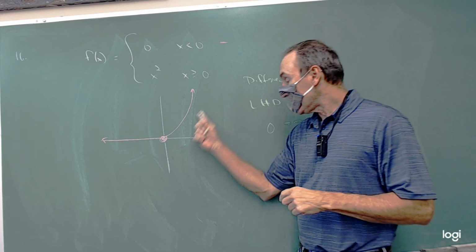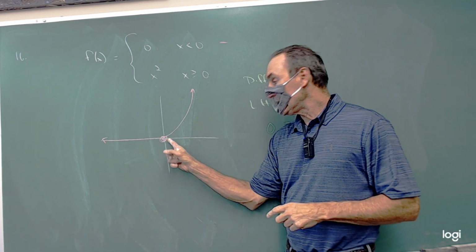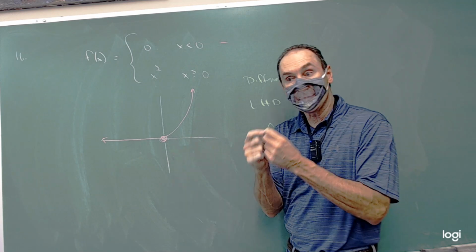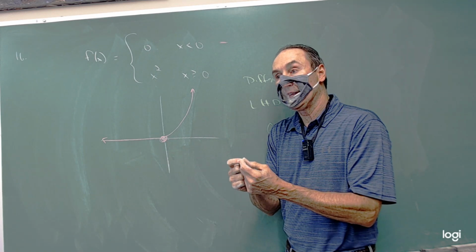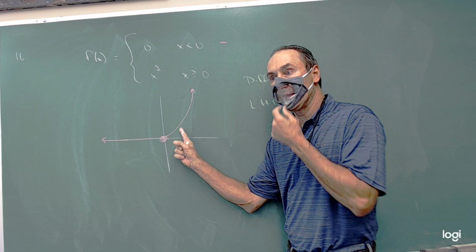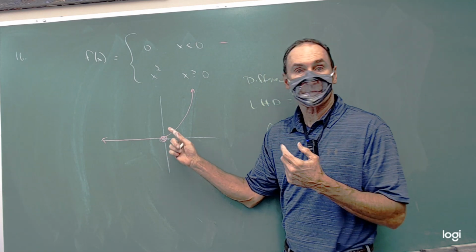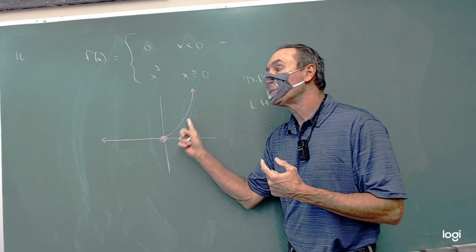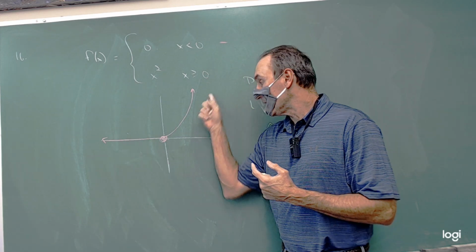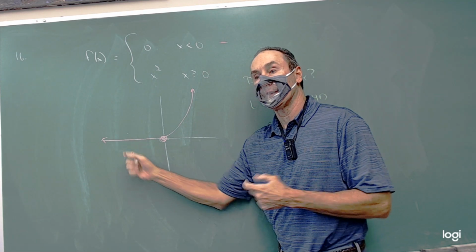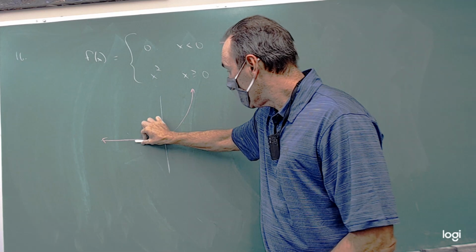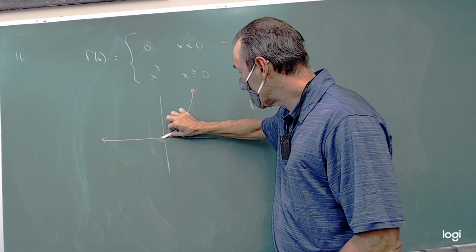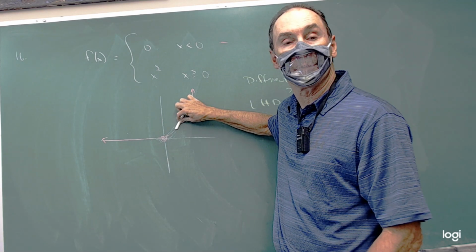Well, what that's saying is we could see that this was going to be continuous because they meet. Now what we're seeing is they meet in a way that is, and this is actually a mathematical term, smooth. They just flow and connect there because the derivative exists all the way through that point where they come together.